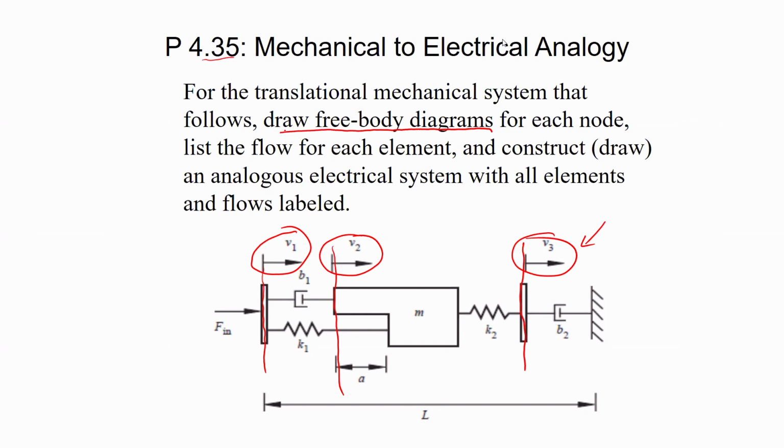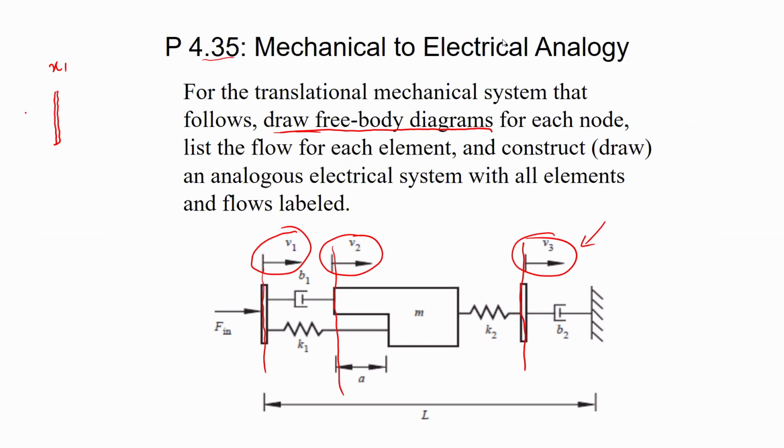I am asking about a free body diagram, first of all, for the mechanical system. The free body diagram says that on each node, we write the equation of that one. So identify node X1. By the way, they put V1, V2, they are X1, X2, basically the same thing in the nodes. So at X1, this is a free body diagram.